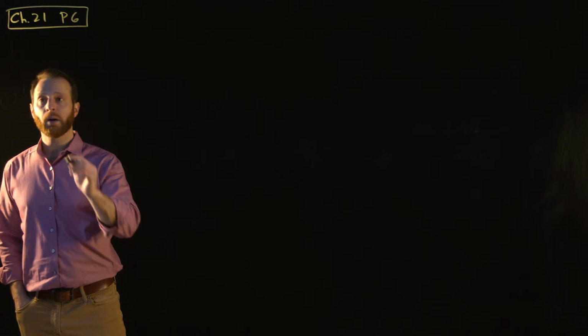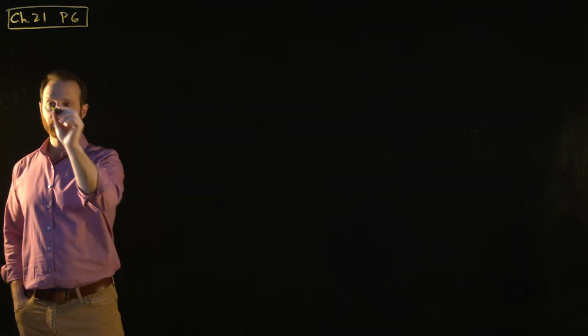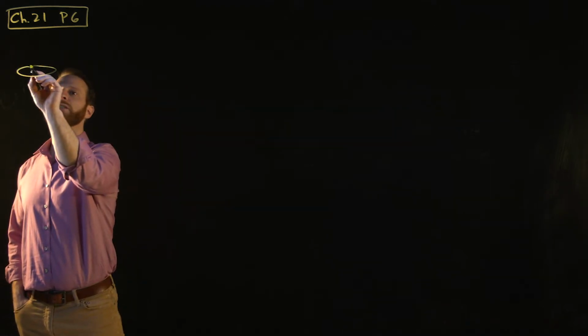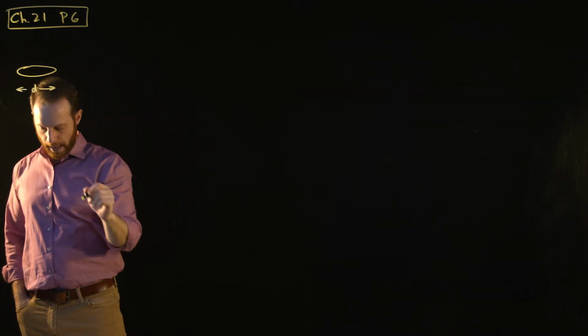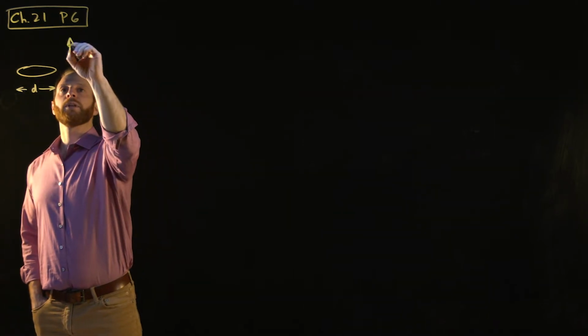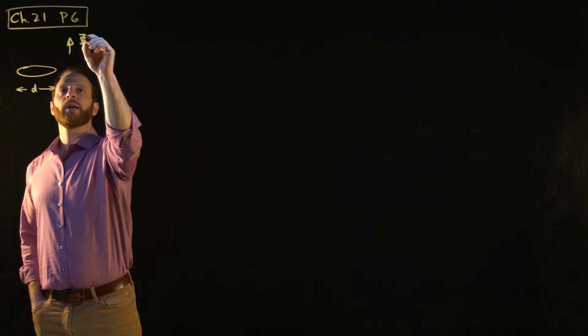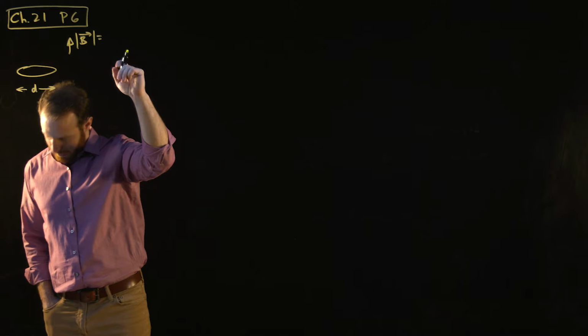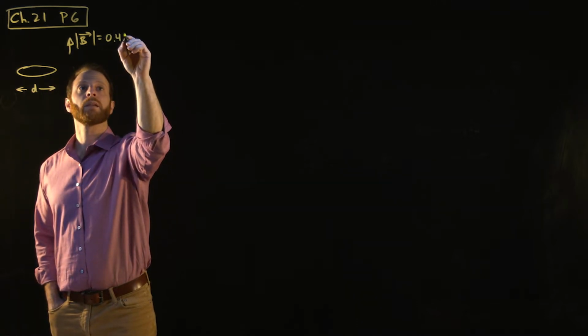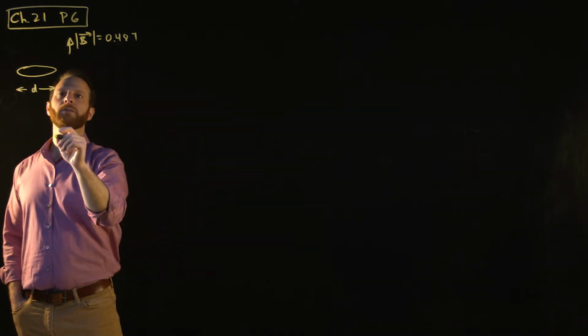So let's draw a couple of pictures. Let's draw two pictures from the side. So the coil, imagine it's sort of laying on its side and it has a certain diameter d. And the magnetic field is at the moment pointing up, and it has a magnitude of 0.48 Tesla. And this is from the side.